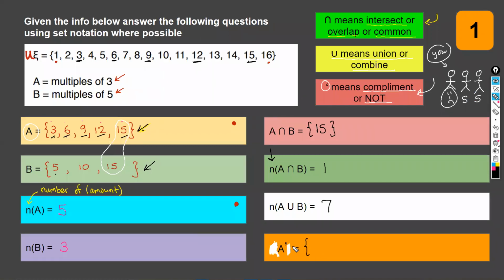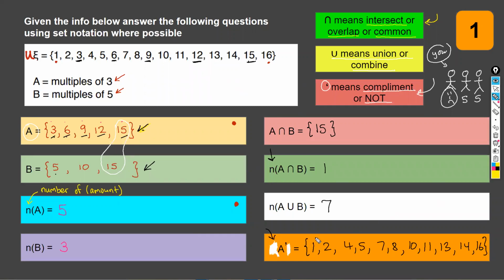Because the complement of A means everybody who is not A, the opposite of A. So you have to put 1, 2, 4, 5, 7, 8, 10, 11, 13, 14, and 16, close brackets. So everyone take down that answer.